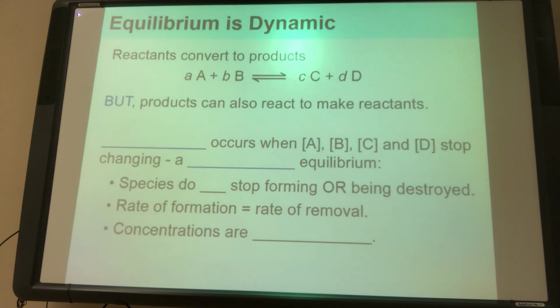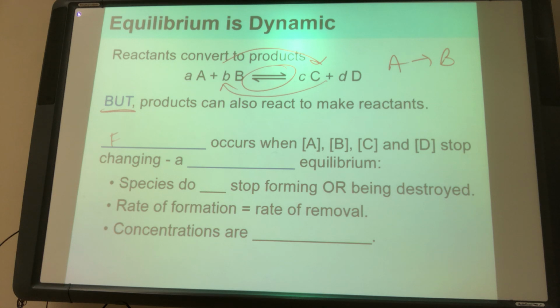All right, let's keep talking. When we say it's an equilibrium, it is a dynamic equilibrium. Our reactants can convert to products, but it can also go backwards: our products can react to make reactants. This is where you get the double arrow. So far you've been seeing single arrows, but a double arrow means it can go either way, forward or reverse.